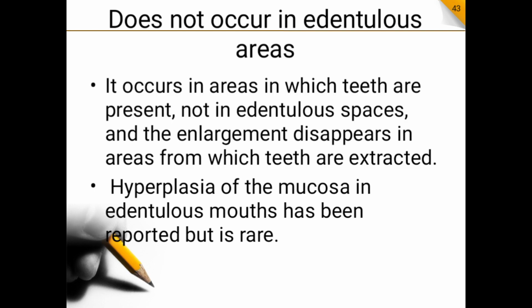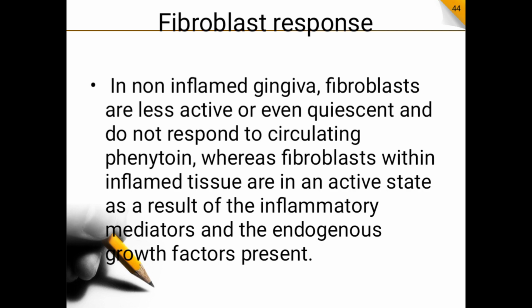This basically does not occur in edentulous areas. It occurs in the area in which the teeth are present, and the enlargement disappears where the teeth are extracted. Hyperplasia of mucosa in edentulous patients has been reported, but it is not so common.